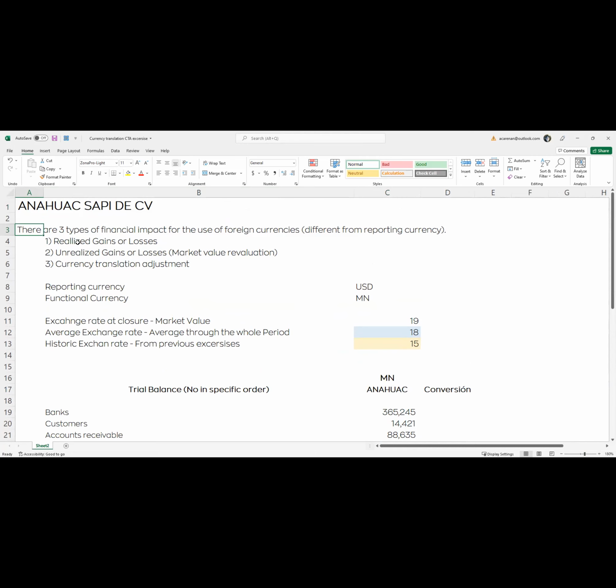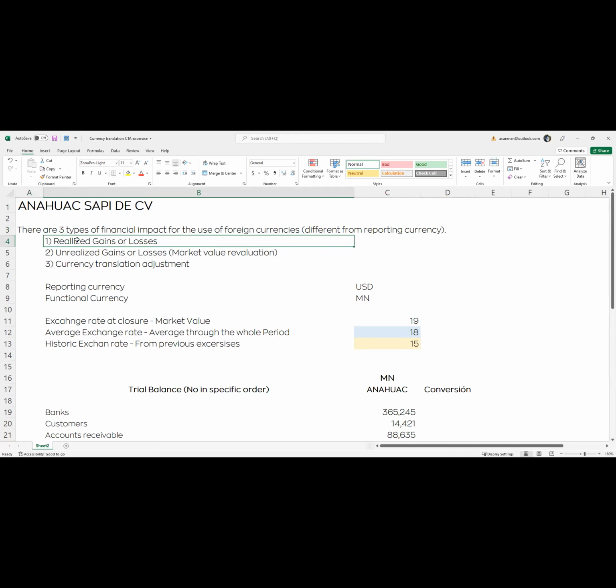I did a transaction of a credit sale between 2 countries, US and Mexico, and all the implications that operation involves.